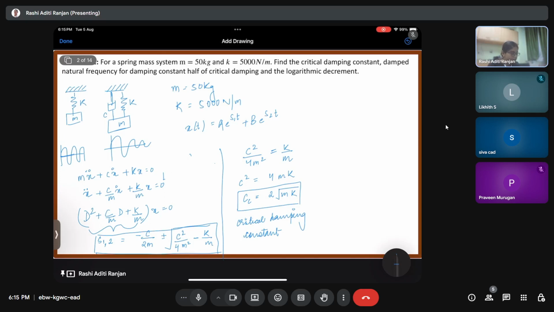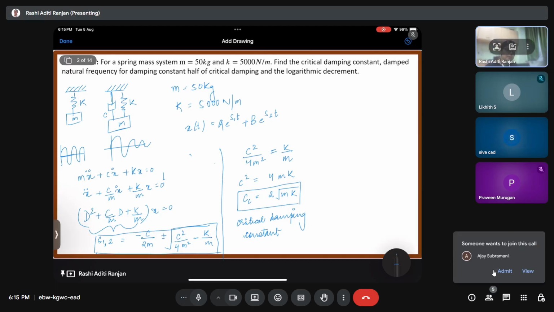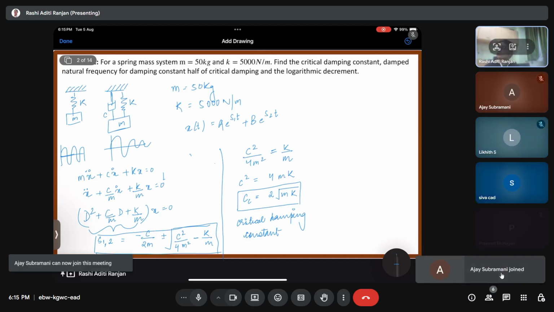Now, if I use this in order to change the form of my equation of motion, what do I get?